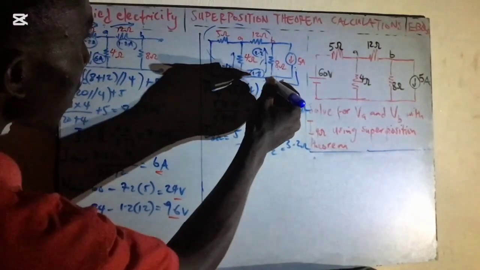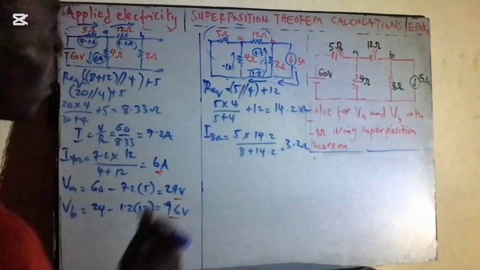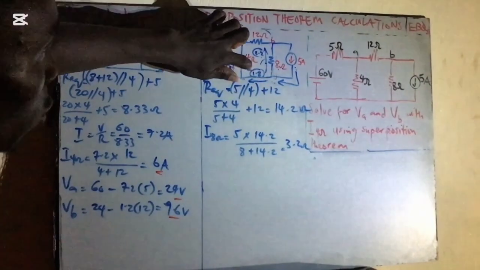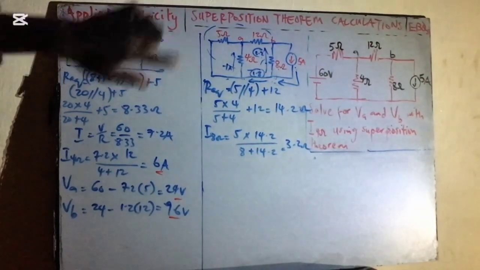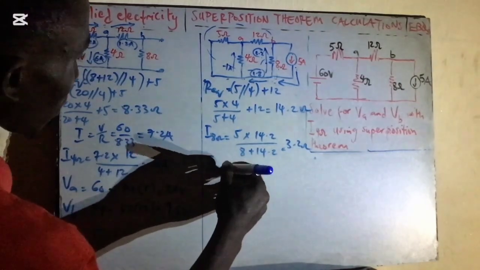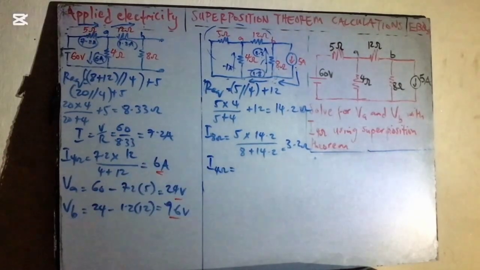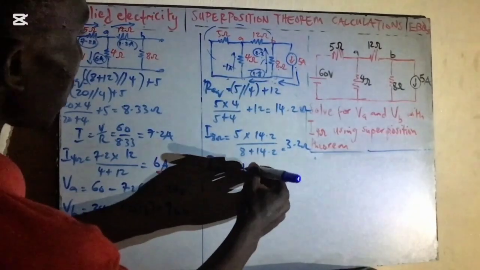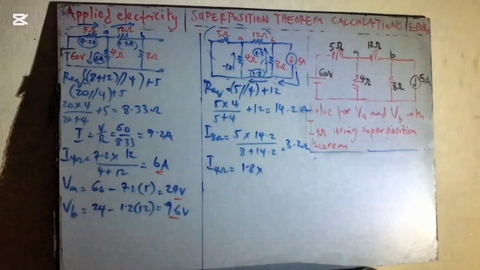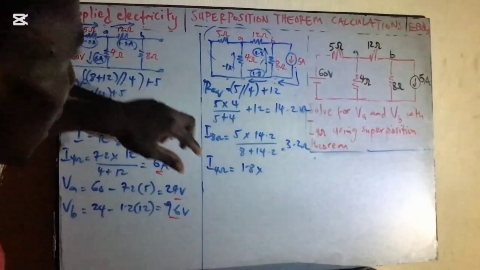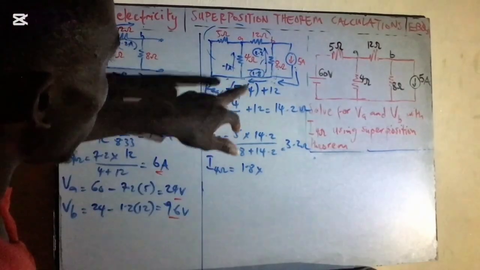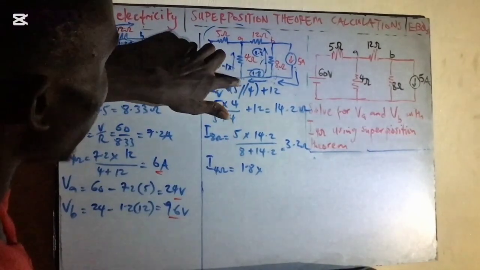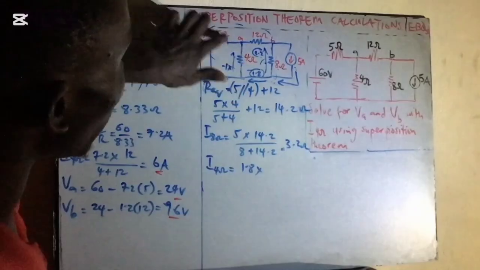So 1.8 reaches this place, and here we need to get the current that is flowing through 4. So I'll just say the current that flows through 4 will be the total current that reaches this place, 1.8, multiplied by the other resistor. What is the other resistor there? If this one comes here and meets 5, so we are using 4 and 5 now.